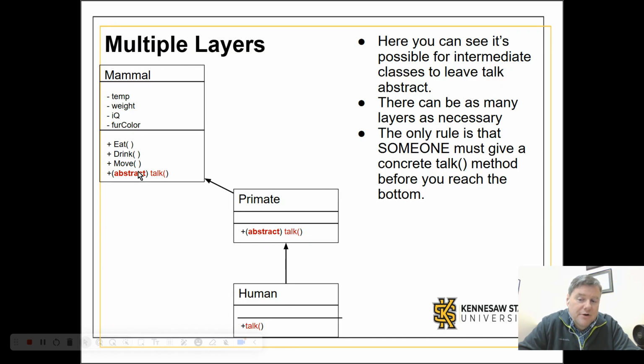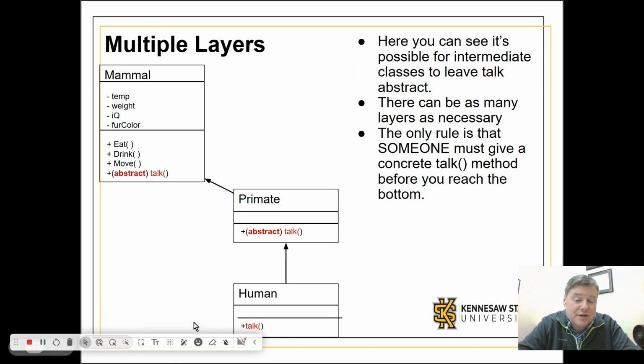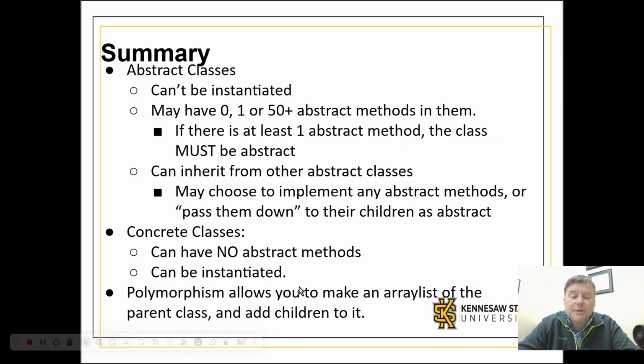It doesn't really matter. The only rule is that everyone's allowed to punt on it and say, I don't want to deal with talk until you get to the end. By the end, you must have an answer. Anyone along the way can declare it and do the work, but by the time you get to that very bottom of the tree down here at human, you better have an actual definition of talk, otherwise human is not instantiable.